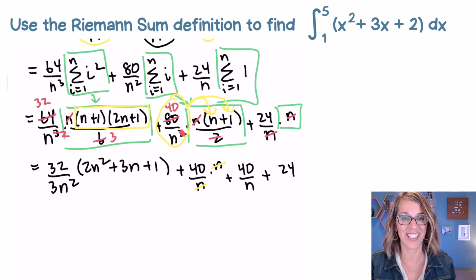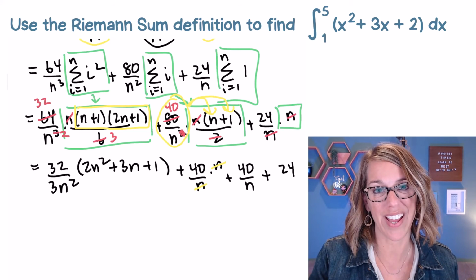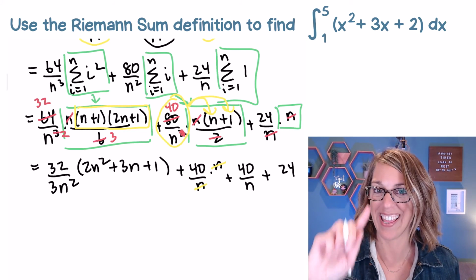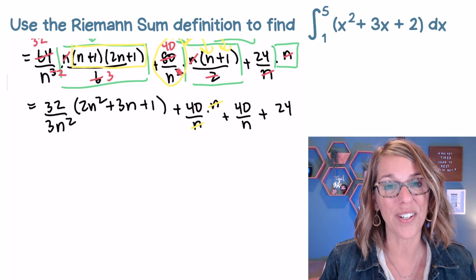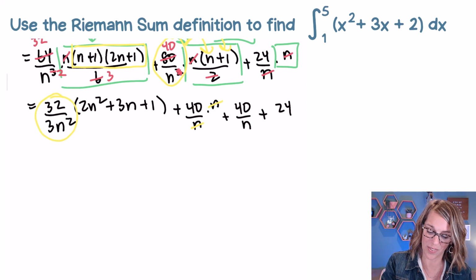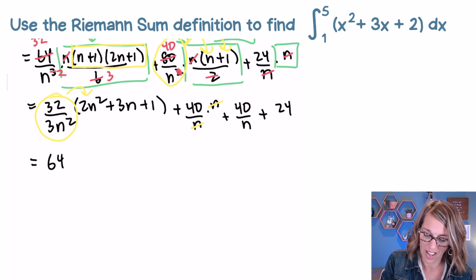Over here to this first term, I need to distribute that 32 over 3n squared through. Then I'm ready for the limit. Then we're done. Oh my gosh, this is such a long process, but we are almost there. So I'm going to take that 32 over 3n squared and multiply this through. So we get 64n squared over 3n squared.